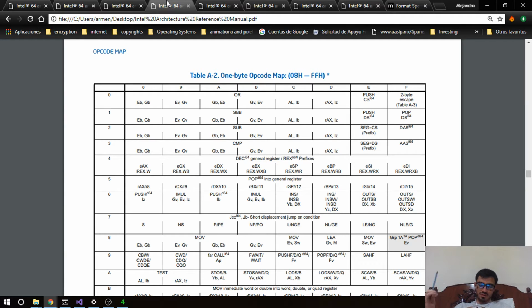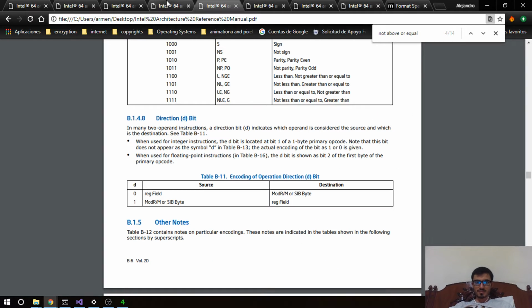So operand counts, addressing forms, and operand types are encoded in the tables, and based on that, the divid as well.